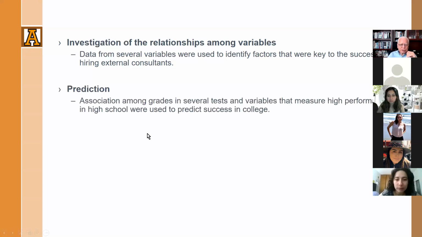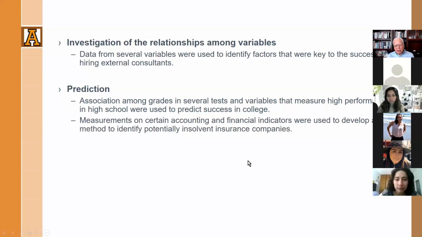In prediction, there are many examples: associations among grades in several tests and variables that measure high performance in school, to predict the success that students will have in college, or measurements on certain accounting and financial indicators that were used to develop a method to identify potentially insolvent insurance companies. So that's prediction. Before the insurance company becomes insolvent, we can predict that it is going to be in trouble.